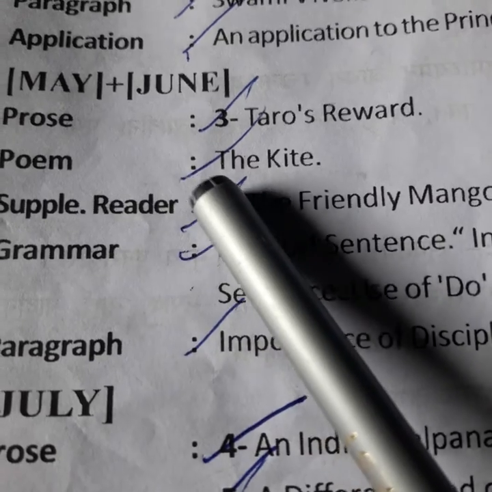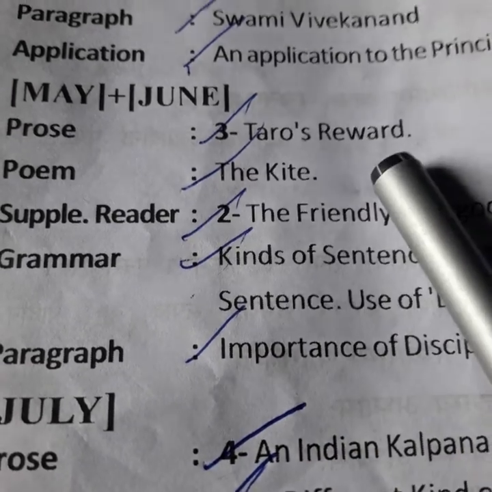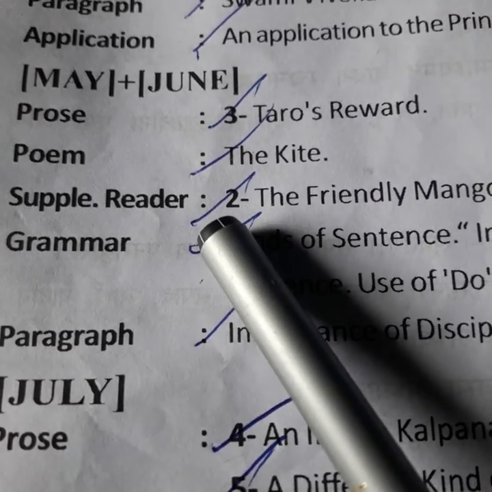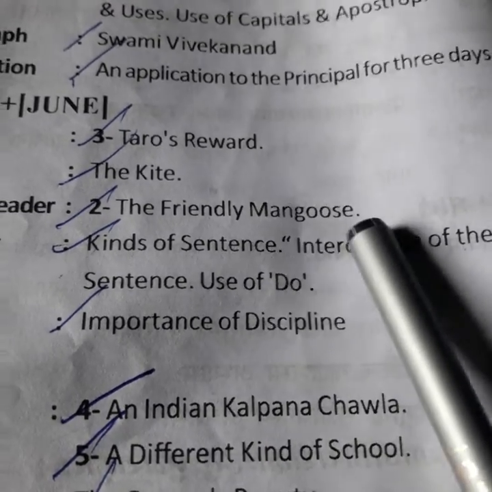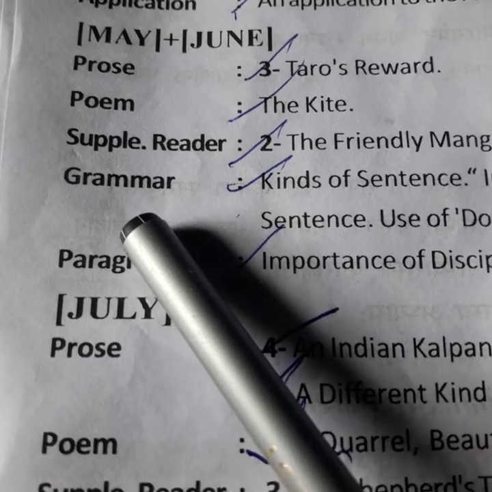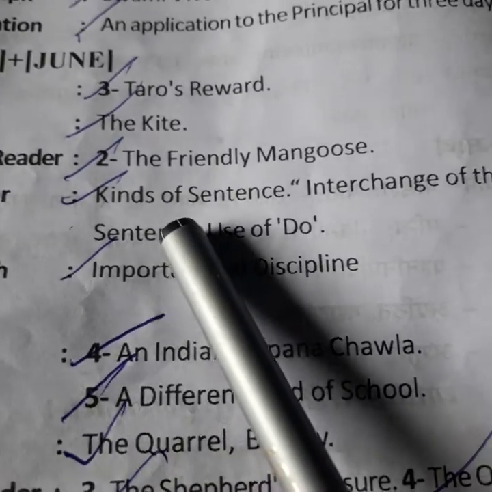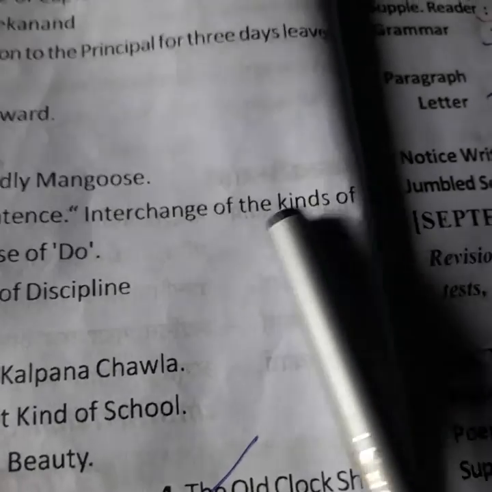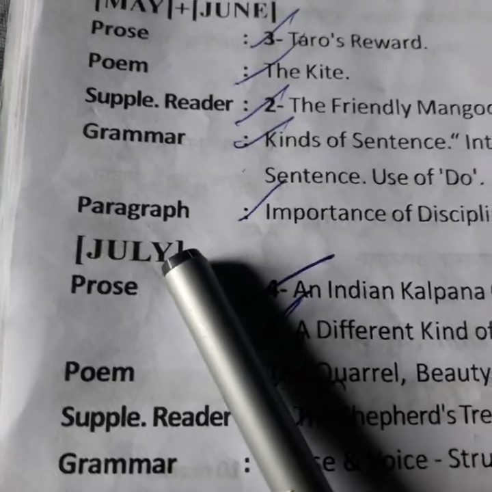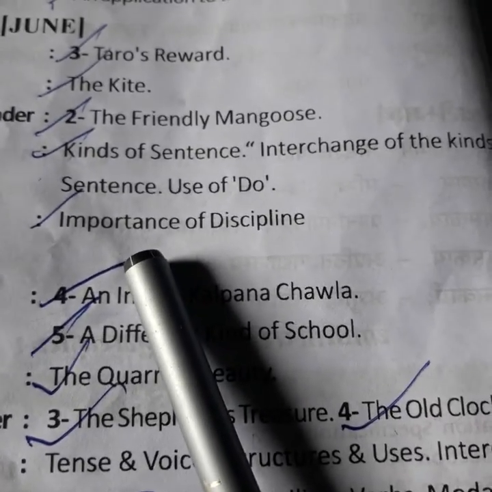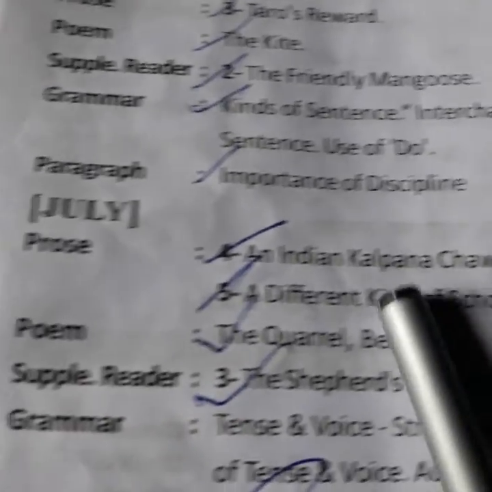And in poem, you have to study The Kite. Supplementary reader involves the study of The Friendly Mongoose. And in grammar section, you have to study kinds of sentence, interchange of the kinds of sentence, use of do. And in paragraph writing, you have to write on importance of discipline.